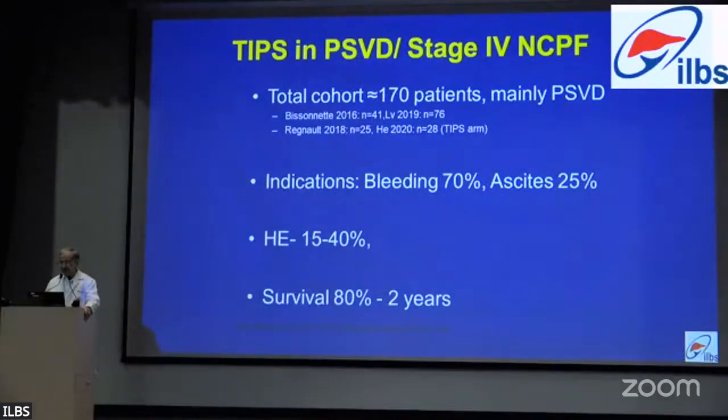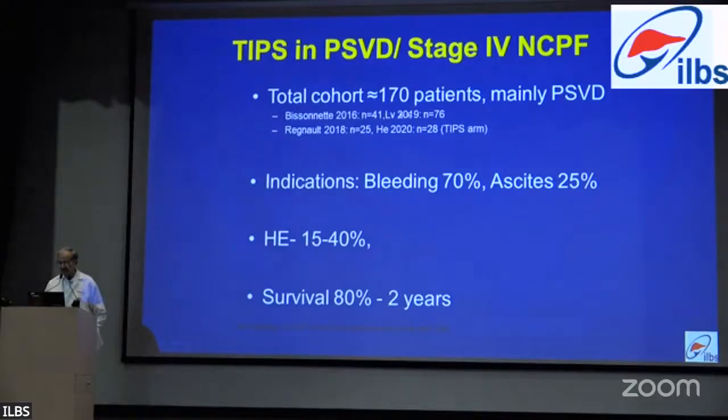Now, some new areas. TIPS in PSVD or stage 4 NCPF. We have no data on TIPS in stage 4 NCPF with ascites. But in PSVD, the Europeans have done 170 such patients, and they said that in the TIPS arm there is some benefit.